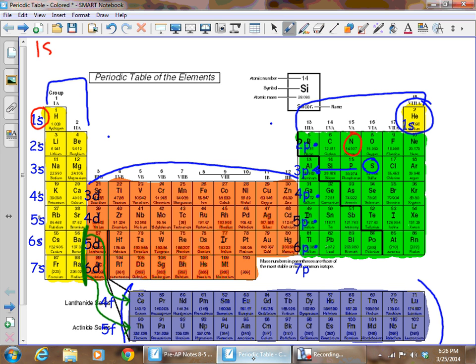And so I'm going to write this across the top in just a running order. 1s. The next thing we come to is the 2s. And going across, we see the next thing that we come to is a 2p, then 3s, 3p.